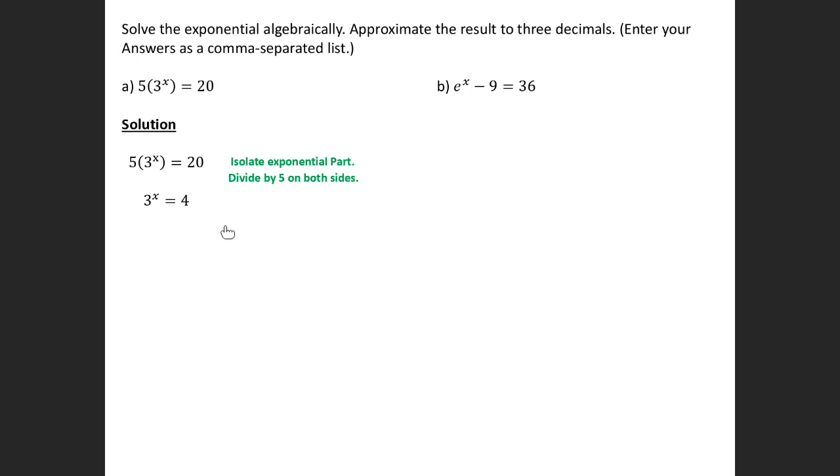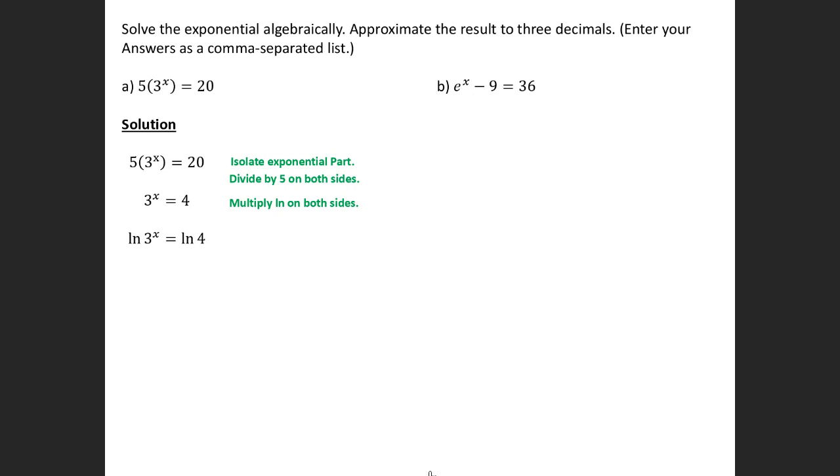Now what we can do is apply our properties. Since we want to use our properties in order to solve for x and bring this down, as Ms. Chuka had mentioned, we can use our power properties. We're going to take the natural log of both sides. Again, whatever we do on one side, we've got to make sure we do it on both sides. So this will give us the natural log of 3 to the x is equal to natural log of 4.